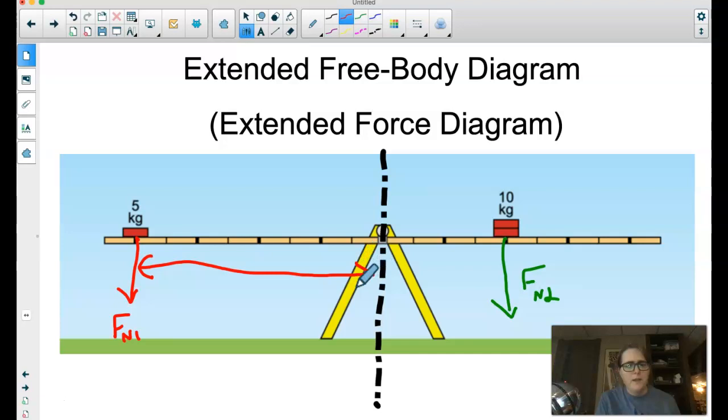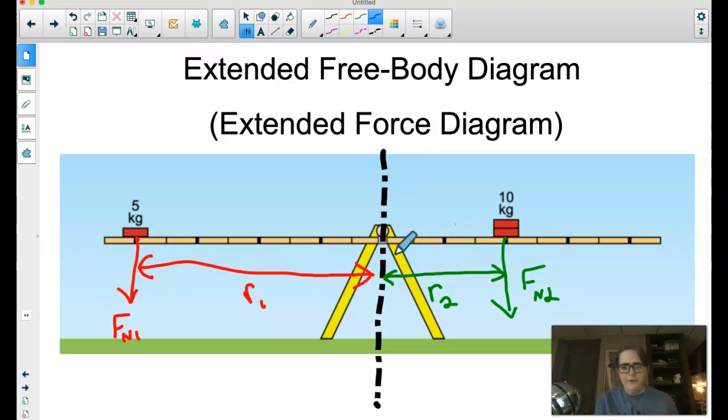So I'm also going to go ahead and label this on my extended free body diagram. I'm labeling that distance as R1 to remind me that it goes with normal force 1. I'm going to label this distance R2 to remind me that it goes with normal force 2.